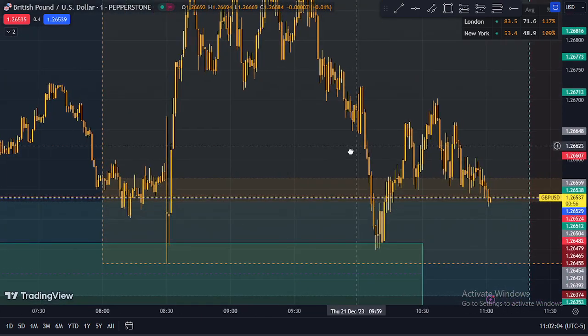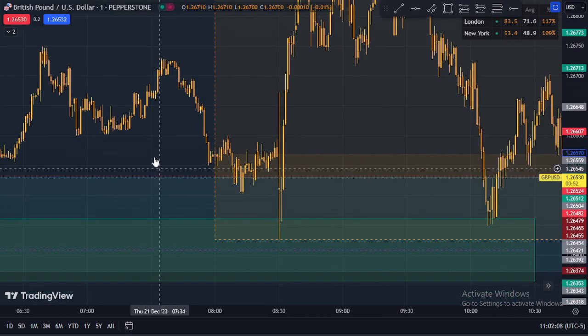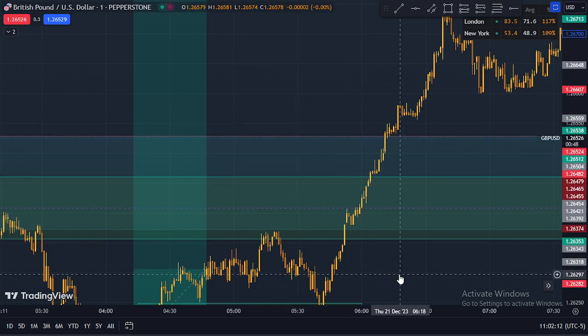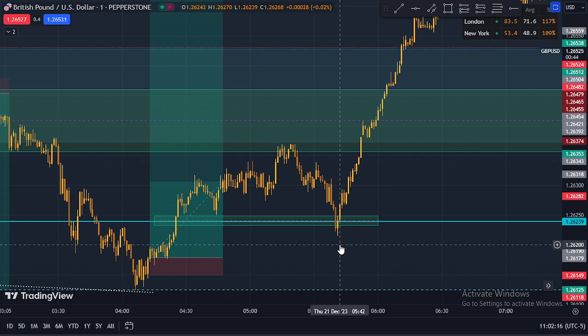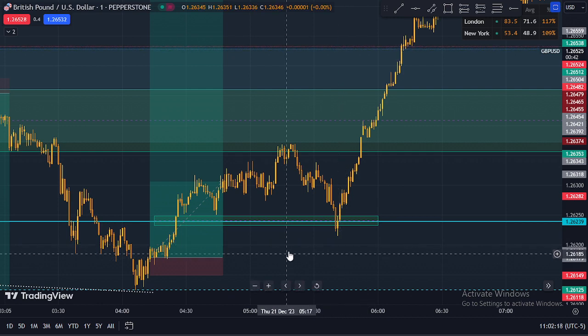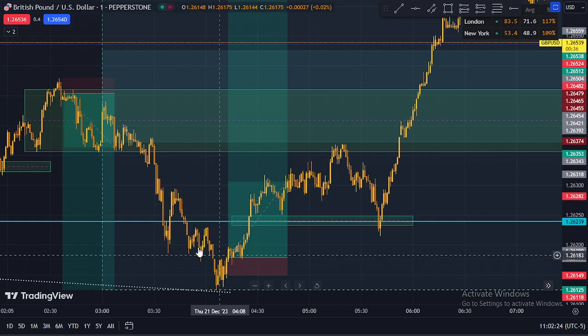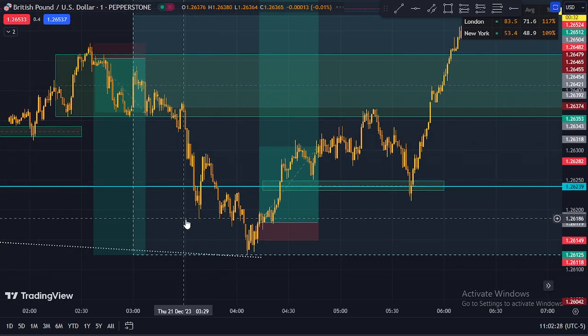So to me, trading London is always kind of the best, using maybe something like the pound dollar and the euro dollar, because they are quite lenient on that London Open and the ICT Silver Bullet.